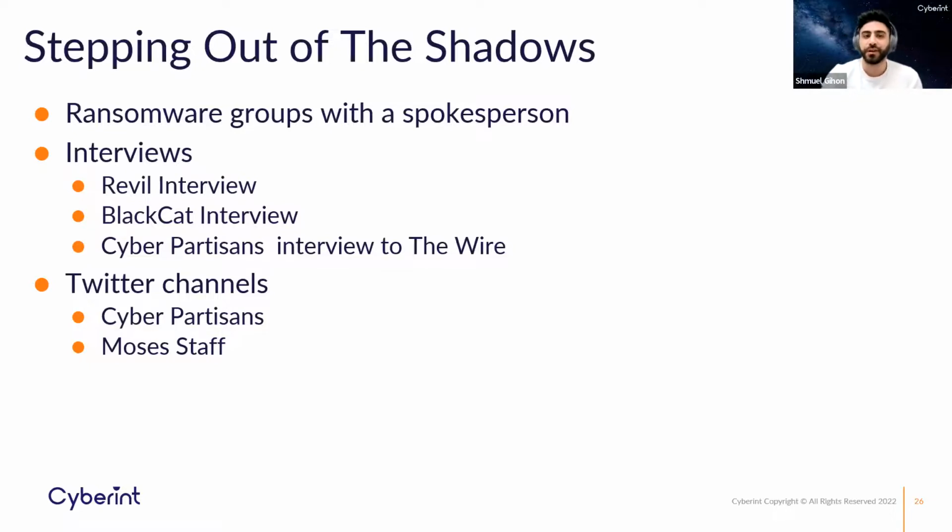They're looking to show themselves more, and they're looking to have more attention from the public and from communities that are not necessarily interested in this type of cybercrime, let's put it this way. We saw cases in which ransomware groups have hired a spokesperson.